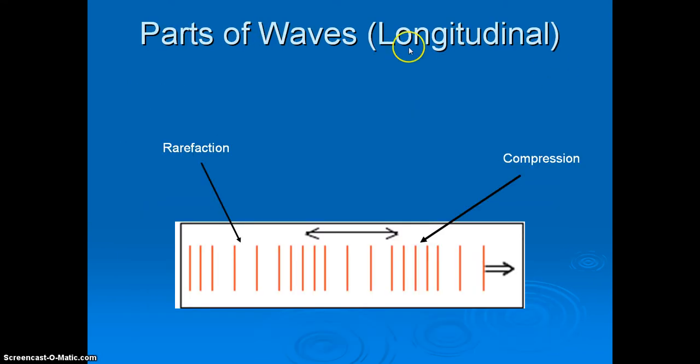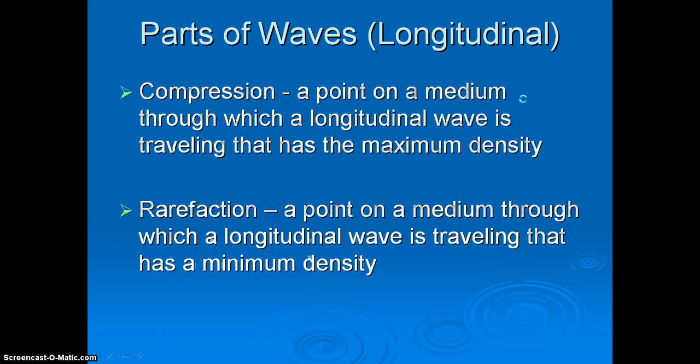Now when we move on to longitudinal waves, we really only care about two parts of a longitudinal wave. One of those parts is this big spread out region, which is known as a rarefaction. And one of these parts is where they are closer together, and that's known as a compression. Okay? A compression is a point on a medium that the longitudinal wave is moving through where it has a maximum density.